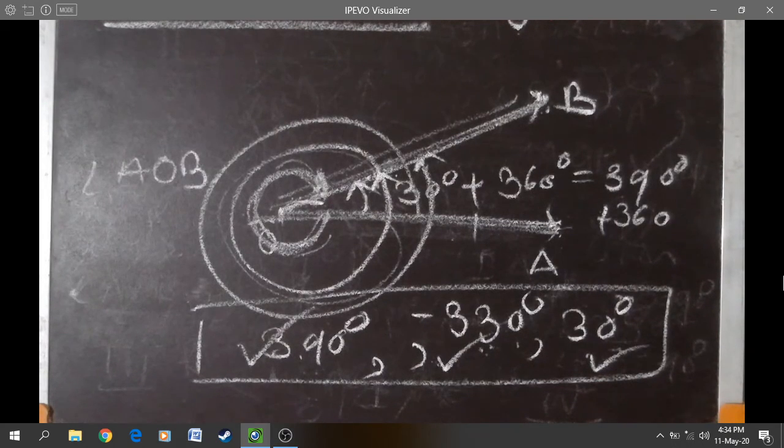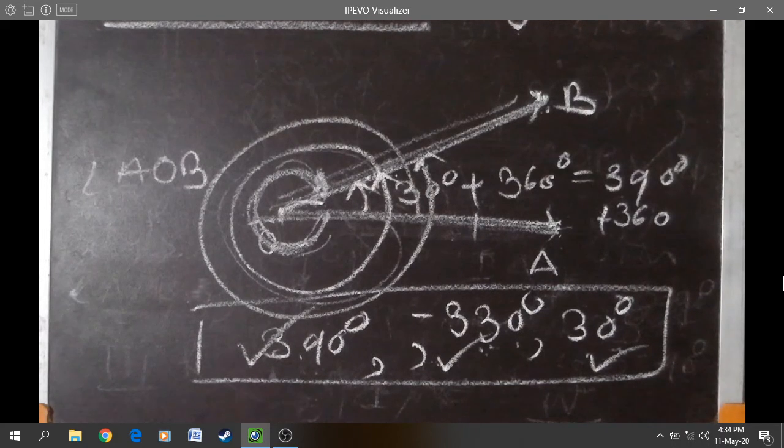So we have studied what is meant by directed angles and how they are created. We know a directed angle is a combination of an ordered pair of rays. Ordered pair means there should be order in it. The first one is called initial, the second one is called terminal. When the initial ray is rotated to the terminal ray, the angle is called a directed angle.